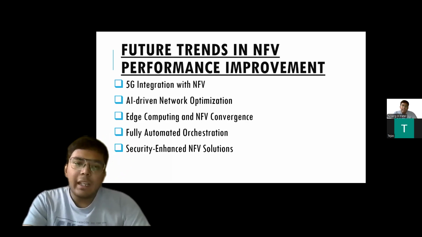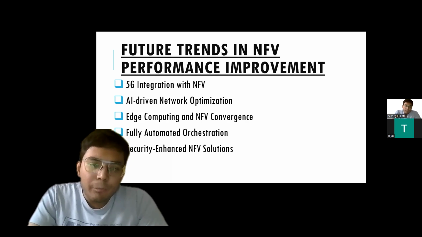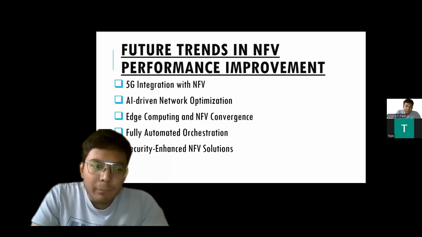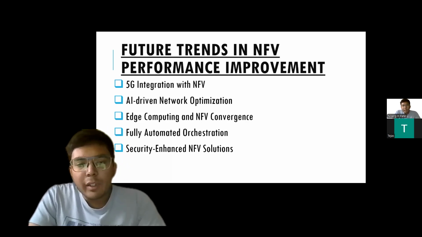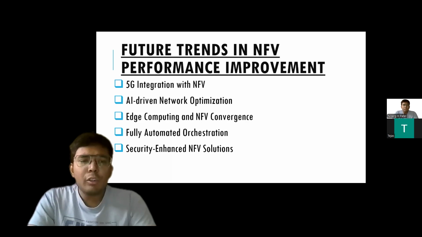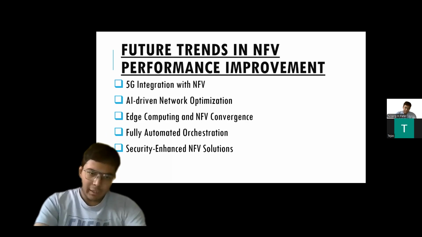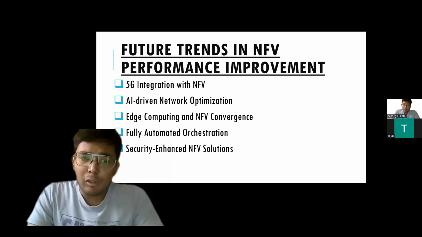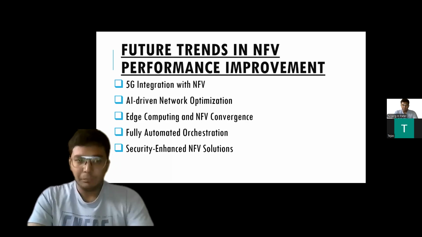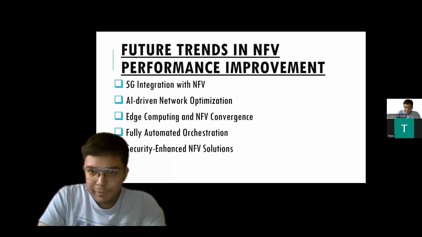Edge computing and NFV convergence: running NFV services closer to users at the network edge to reduce latency and improve speed. Fully automated orchestration: automating NFV deployment and management to reduce manual work and increase efficiency. Security-enhanced NFV solutions: adding stronger security to virtualized network functions to prevent cyber threats and data breaches.